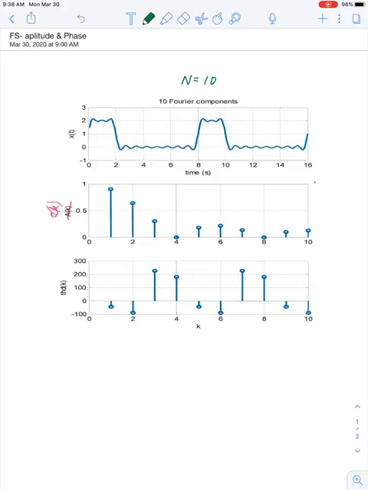So in the first figure, we plot the partial sum in the time domain. And in the other two figures, we plot the spectrum. The second figure would be the amplitude spectrum.